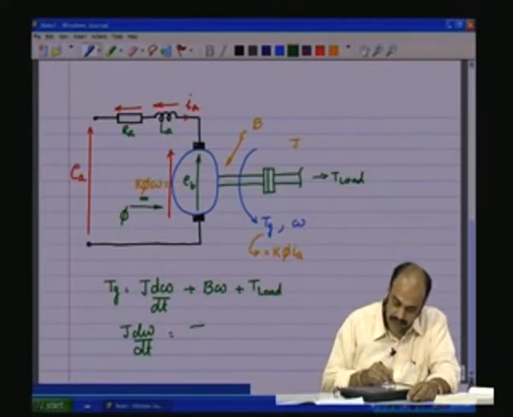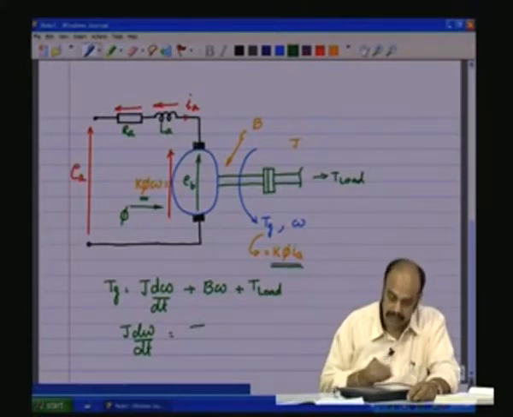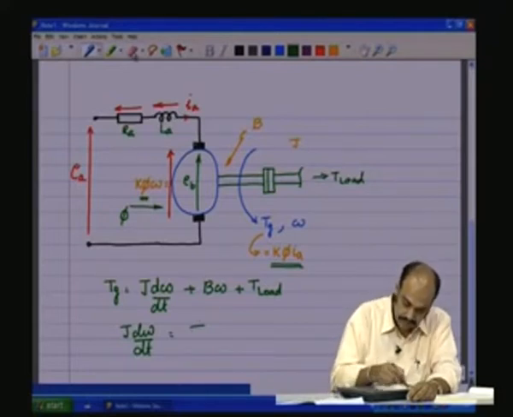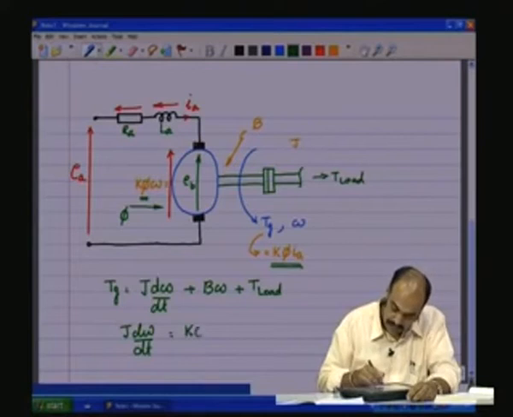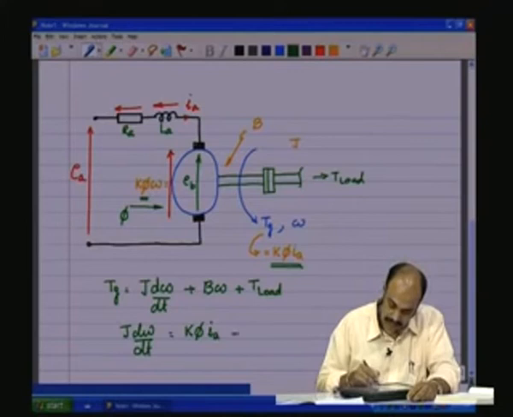Now, Tg can be expressed in terms of the state variables as K phi I A minus B omega minus T load.